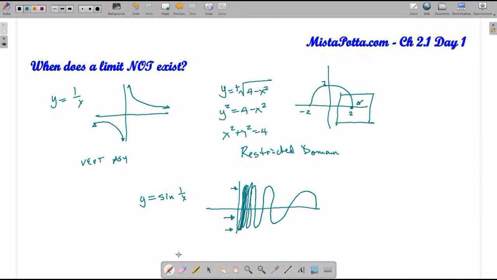What I've actually got here is an alternating discontinuity. So these are three situations where a limit does not exist.